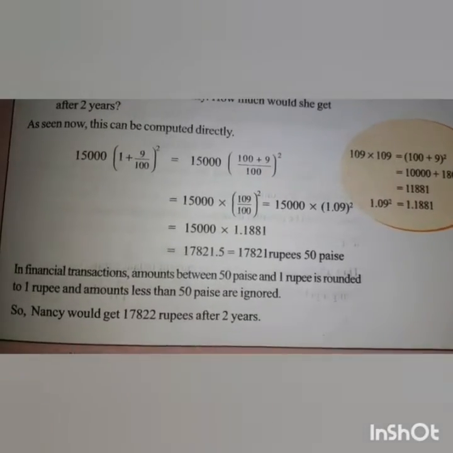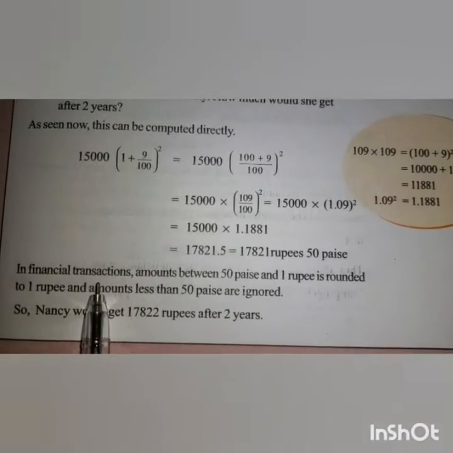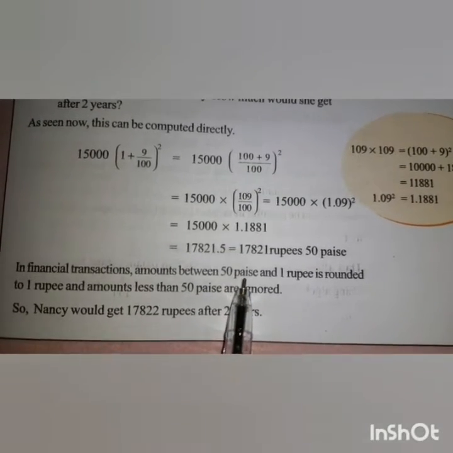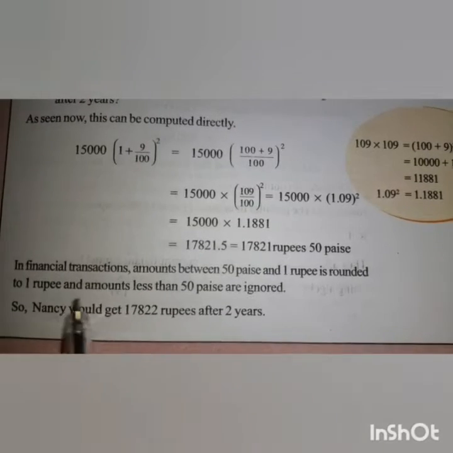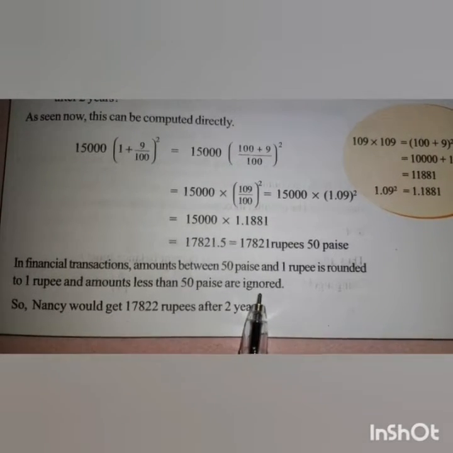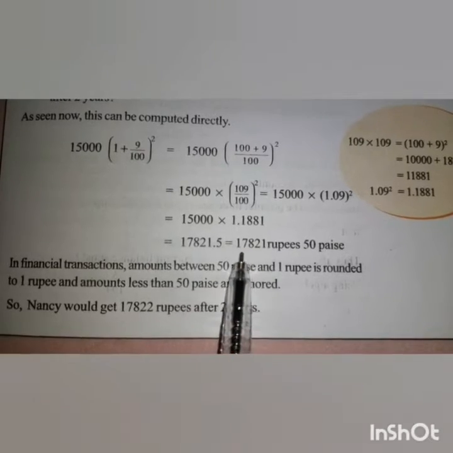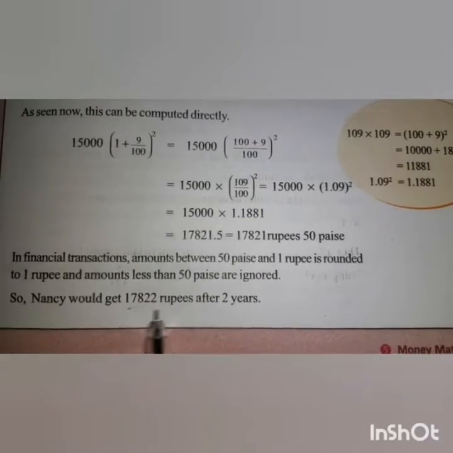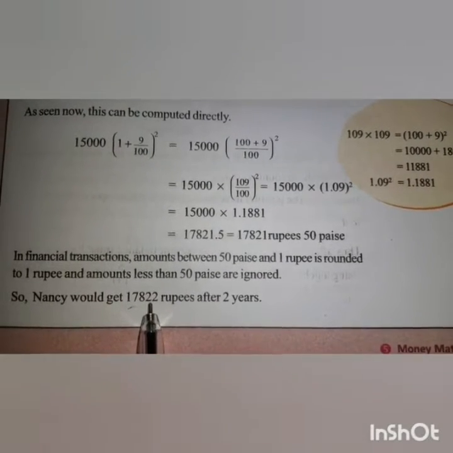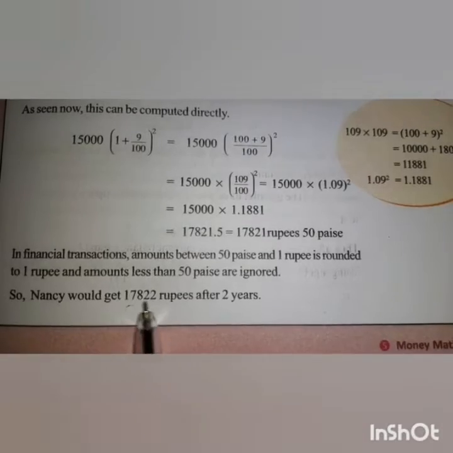And one more thing you have to remember. In financial transactions, an amount between 50 paise and 1 rupee is rounded to 1 rupee, and amounts less than 50 paise are ignored. So 17,821 rupees 50 paise we can round off as 17,822. This is the total amount we are getting.